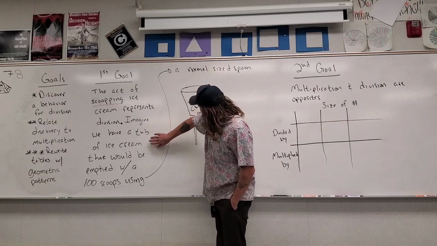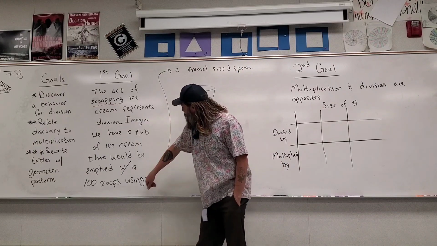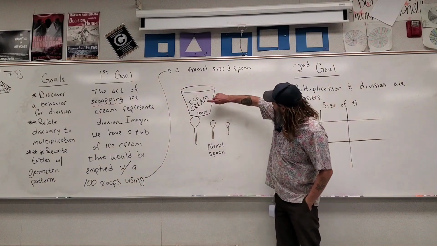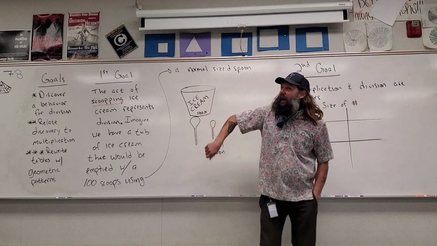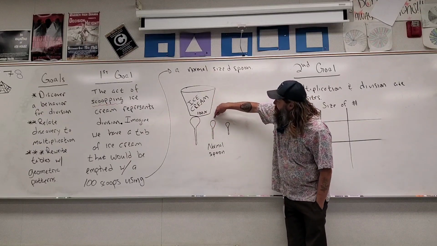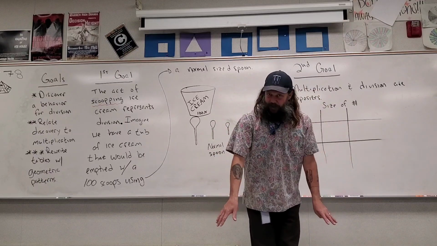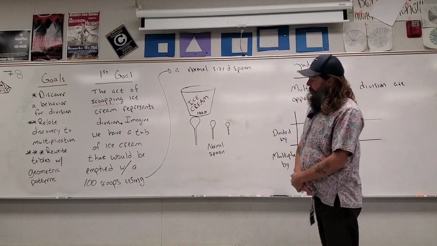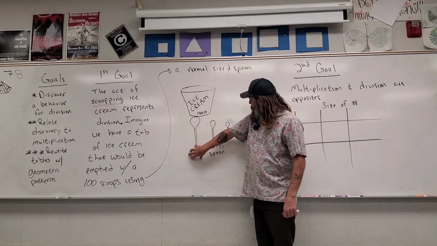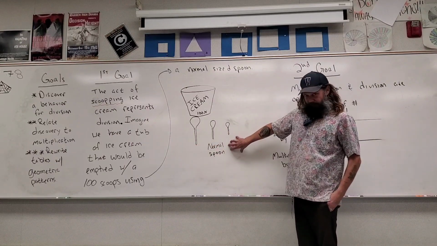Imagine that we have a tub of ice cream that would be emptied with 100 scoops using a normal size spoon. So this tub of ice cream right here, I can take 100 scoops with my normal size spoon and it's empty, okay? So I have 2 spoons, a larger spoon and a smaller spoon.